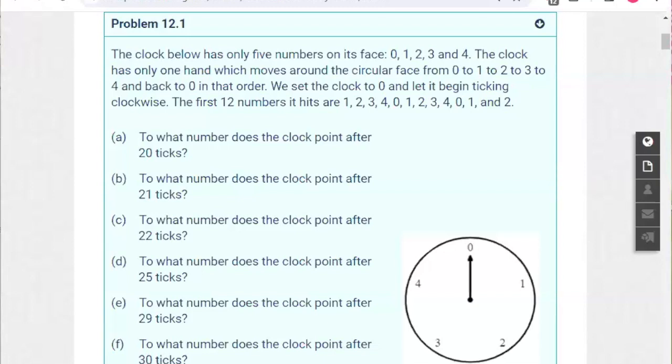B, Charlotte. It was in our chart, wasn't it? Go look at our chart.